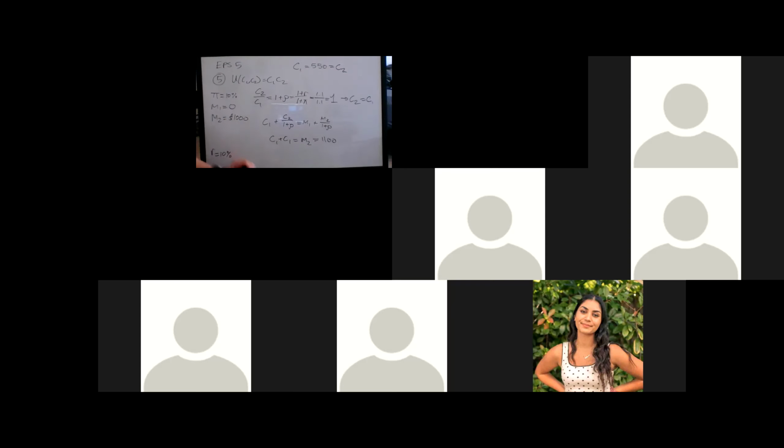And so hopefully this highlights that there's a difference between $1,000 and the ability to purchase 1,000 units, because it's all going to be dependent on the price that we have. If the price is 1, those two are going to be equivalent, but in any other situation, we're going to get a difference.